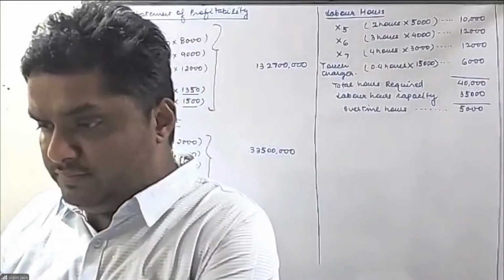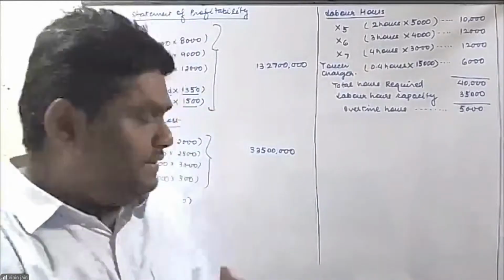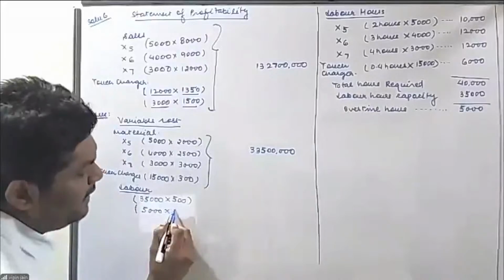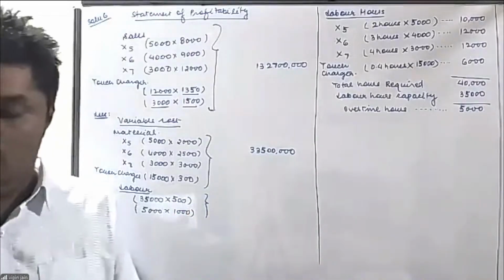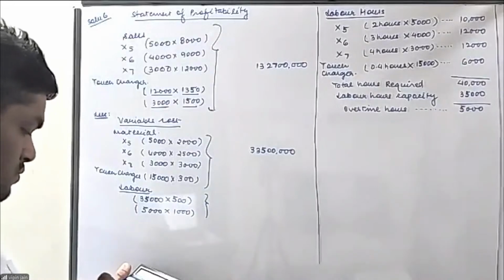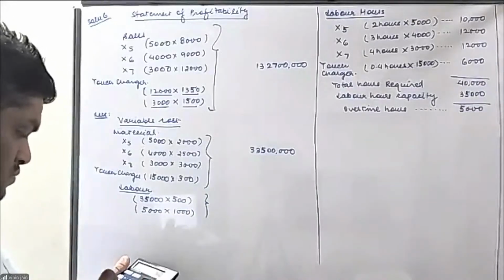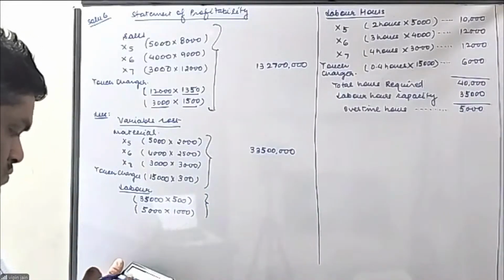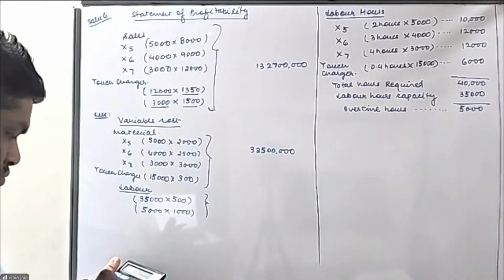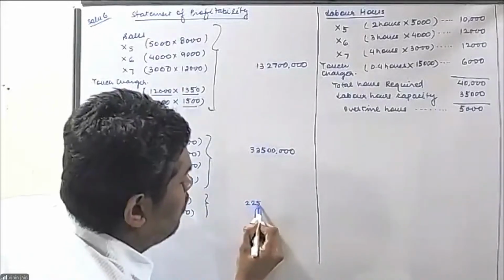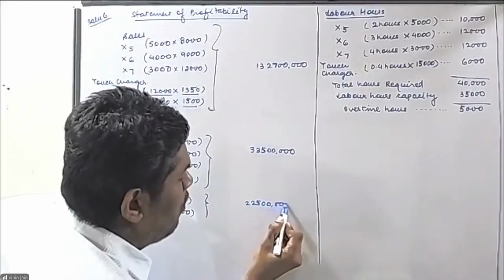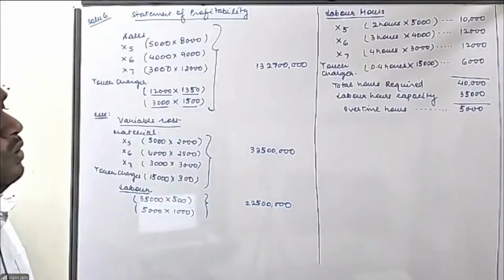Let me check. Yes, so 5,000 are paid at the rate 1,000 per hour. So this will be 2 crore 25 lakh.